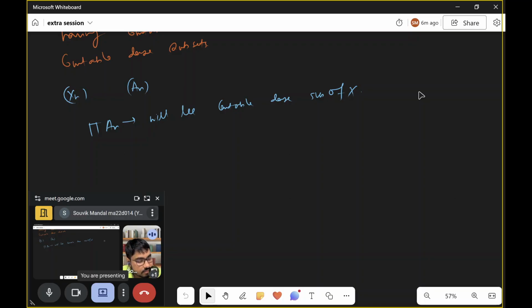We need to use denseness. Dense means the closure of the product of A_n should be the whole of X. By the formula, the closure of the product is the product of the closures, and each A_n is dense, so the product of the closures is the product of X_n, which is X. So this tells us that the product of A_n is a countable dense subset of X. So that is the argument. Is that clear? I hope so.